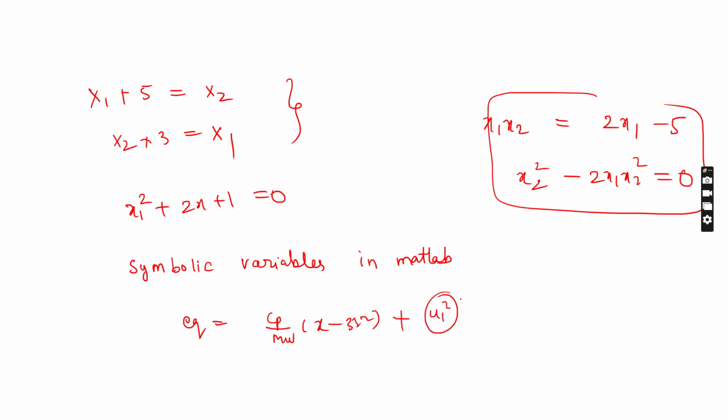On conversion we'll get 36 meter square per second square. Okay, u1 square into 5 square x square by 322 square minus 1. Okay, and we use solve for x.